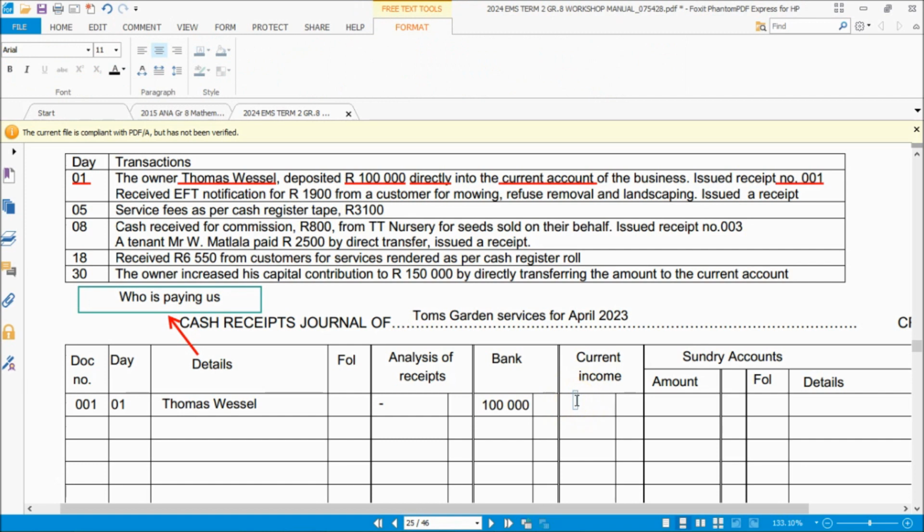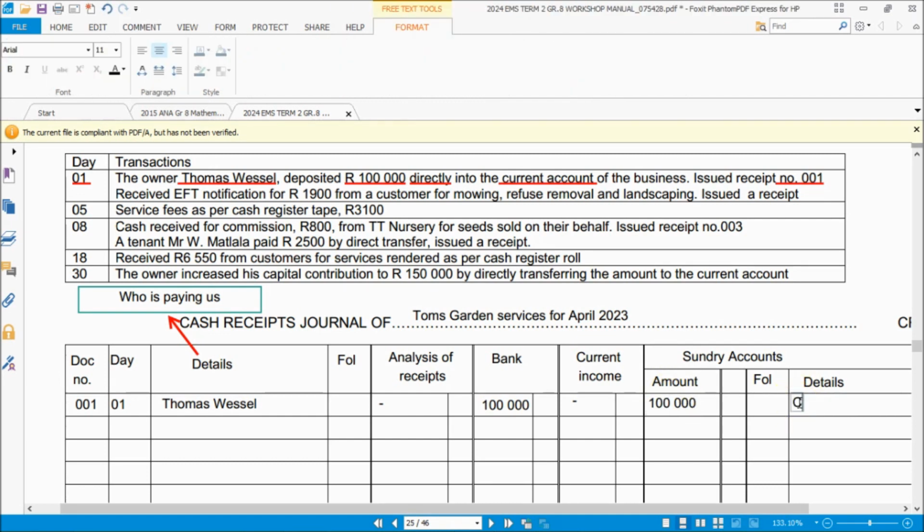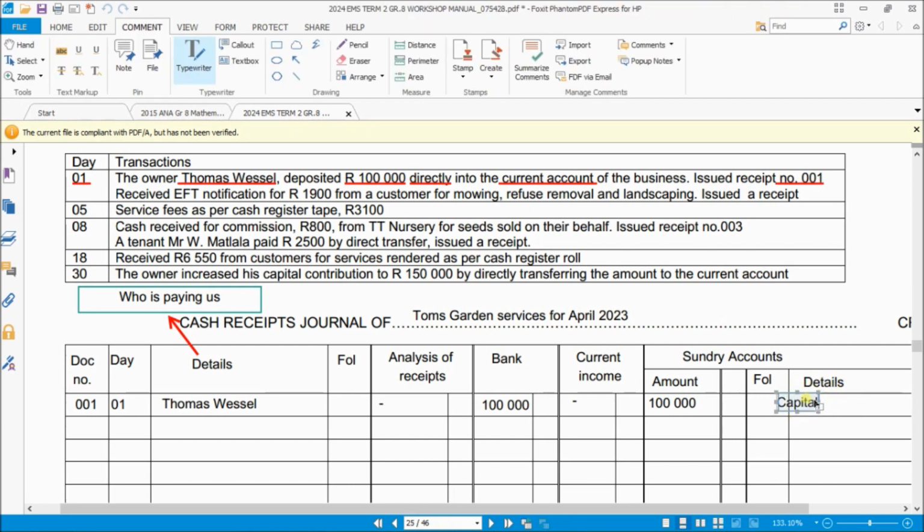Nope, because it's not a service rendered. So we said any amount that doesn't go to current income will go to sundry accounts, and that amount of 100,000 Rand will go to sundry accounts as it falls under capital. Alright, I hope we are all happy.